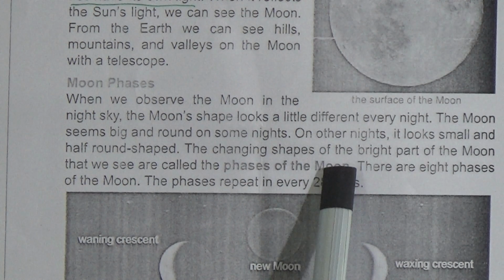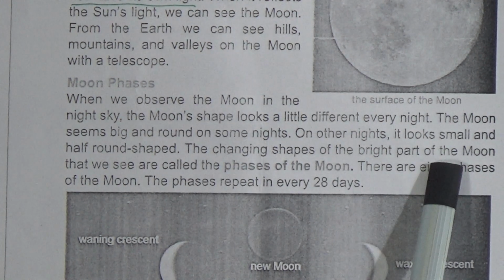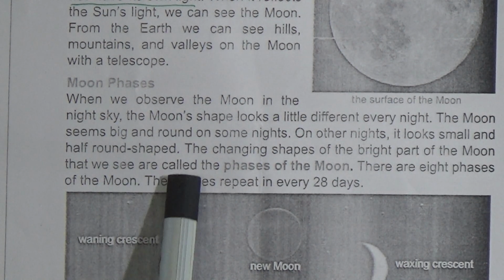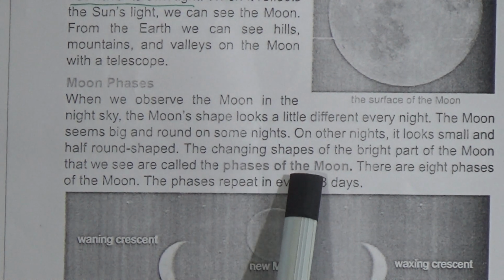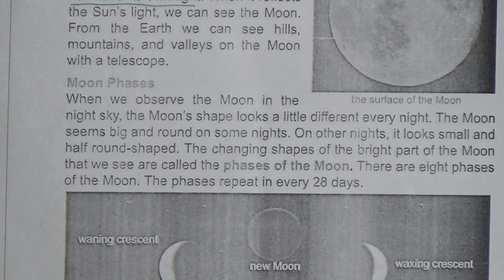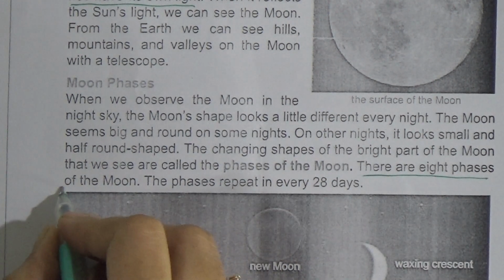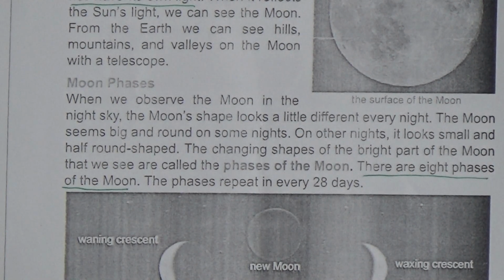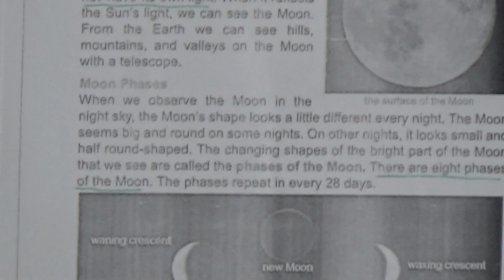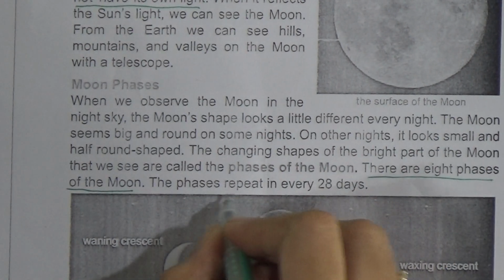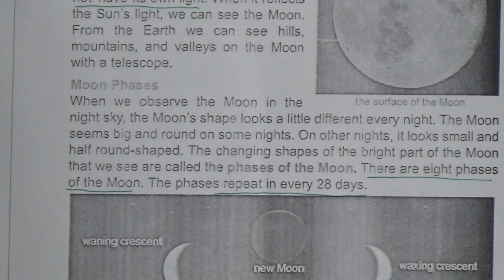The changing shapes of the bright part of the moon that we see are called the phases of the moon. There are 8 phases of the moon. The phases repeat in every 28 days.